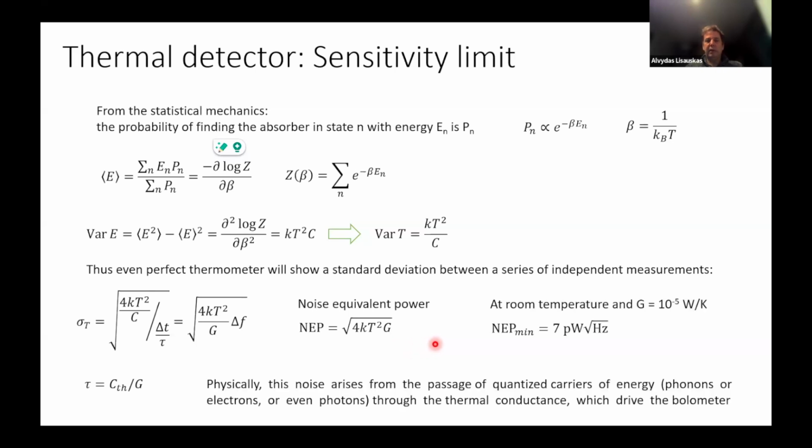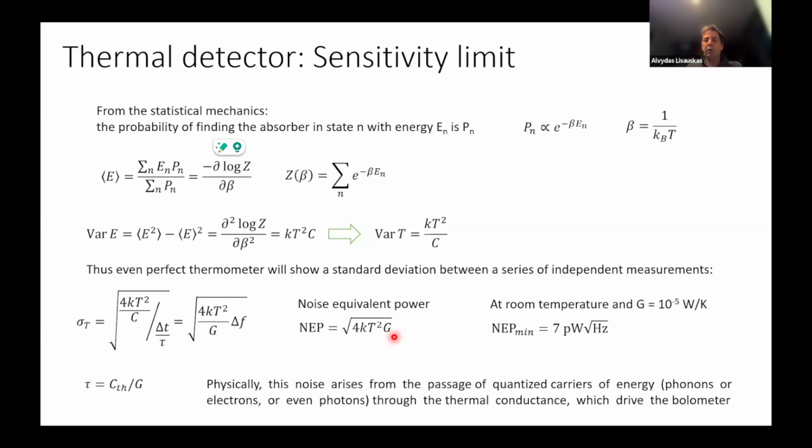This gives a very nice way to find the theoretical limits on NEP. Even without saying what the electrical responsivity is, or how good our thermometer would be, such a system would have its statistically limited noise equivalent power set just by the thermal link. And the weaker this thermal link is, the better the performance.